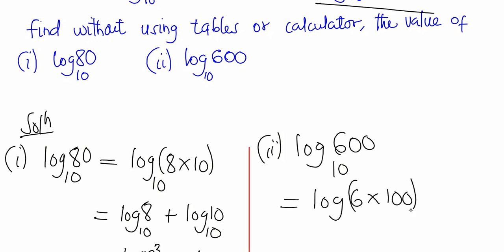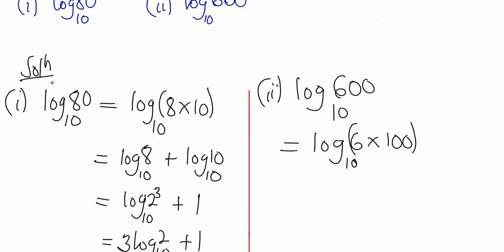And that absolutely gives us 600. Now we can see that this has been written as a single logarithm. So using the laws of logarithm to expand, we are going to have logarithm of 6 base 10 plus the logarithm of 100 base 10.